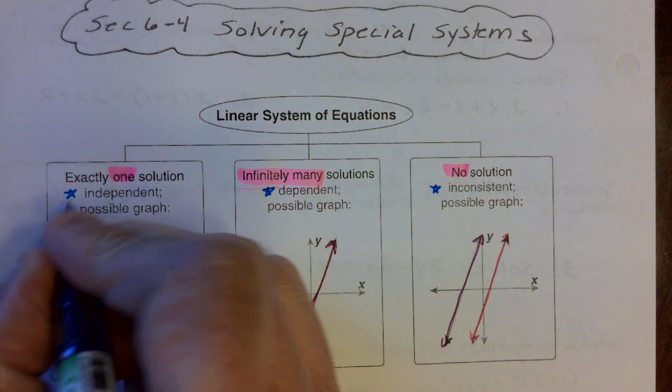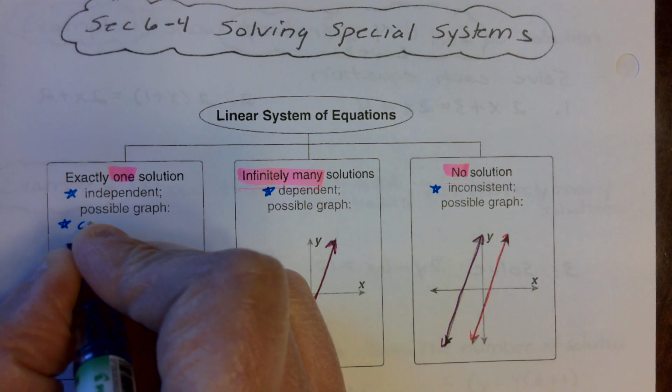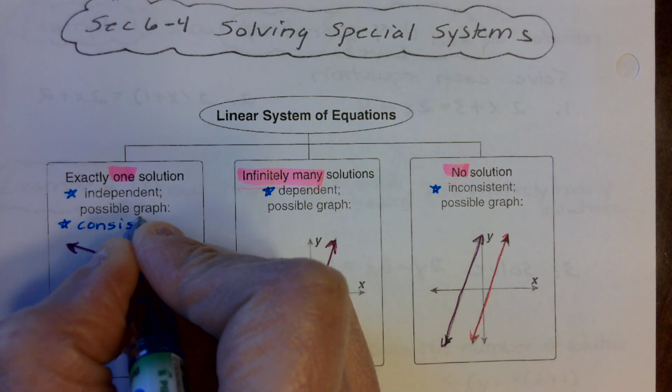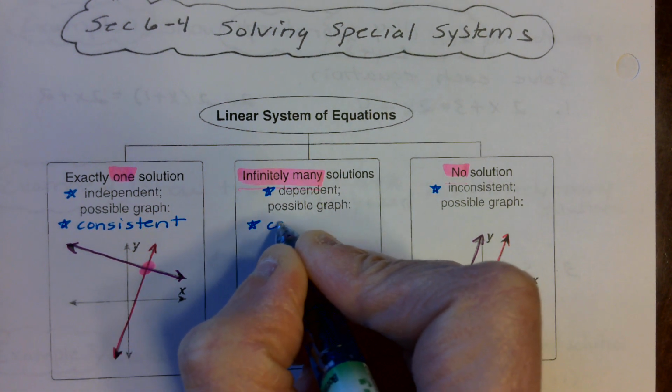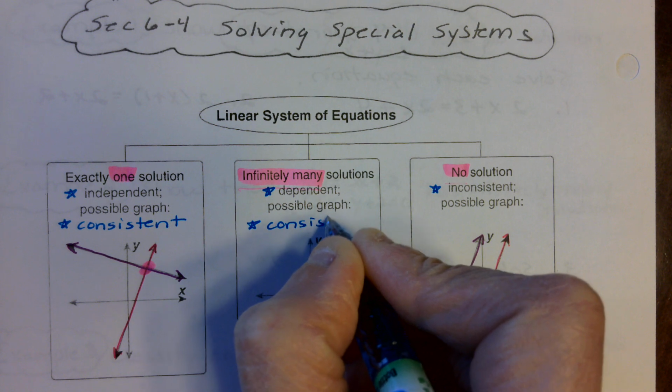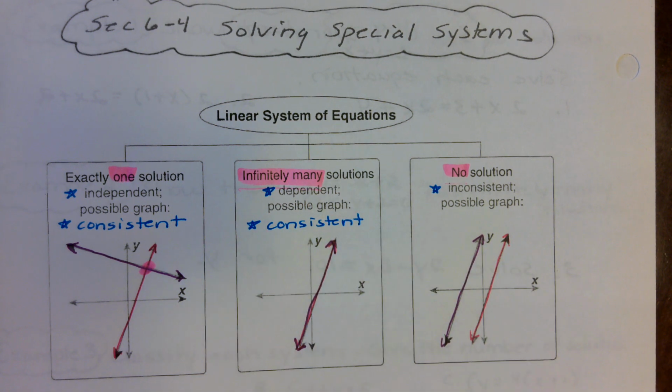These, let's add this as well, are called consistent. And so is this one. The ones that have any solutions at all are called consistent. And when they don't have any solutions, it's inconsistent.